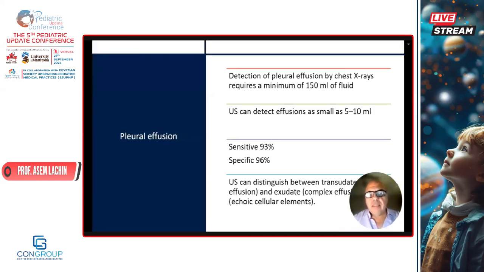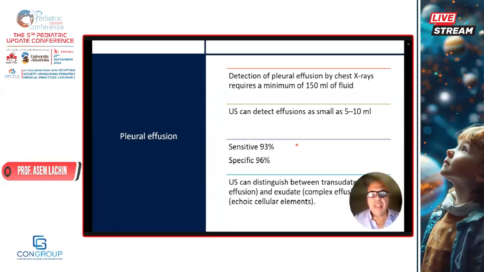The second diagnosis we are looking for is the pleural effusion. To know that chest X-ray has a lot of problems with the diagnosis of pleural effusion. We can imagine that the X-ray needs a minimum of 150 ml of fluid to be seen and diagnosed clearly by the chest X-ray, while in the ultrasound, you can detect effusions as small as 5 to 10 ml.